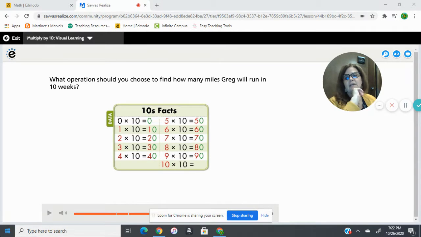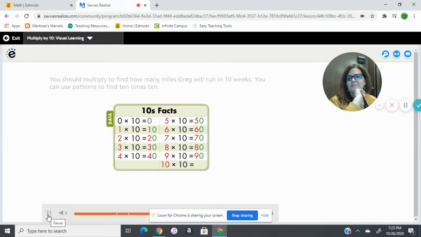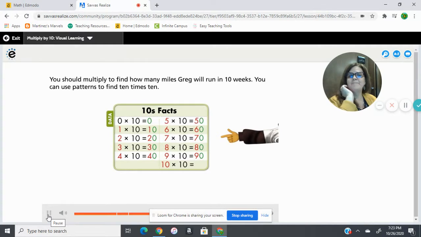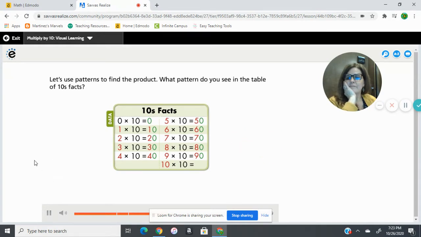Which one sounds like the best operation to figure out the mileage times 10 weeks? So multiplication would be the right answer. You should multiply to find how many miles Greg will run in 10 weeks. You can use patterns to find 10 times 10. Let's use patterns to find the product.